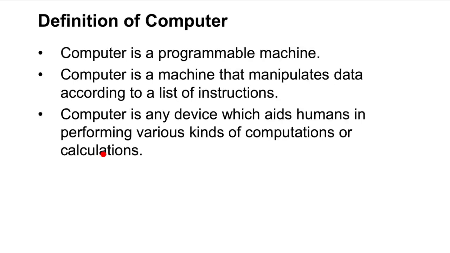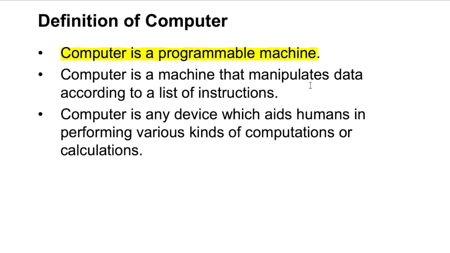A computer is a programmable machine. A computer is a machine that manipulates data according to a list of instructions. A computer is any device which aids humans in performing various kinds of computations or calculations.